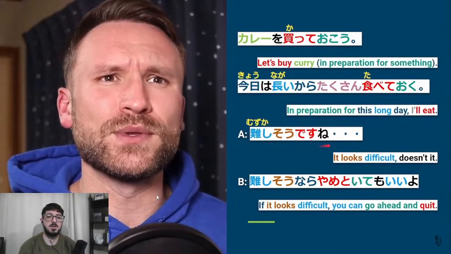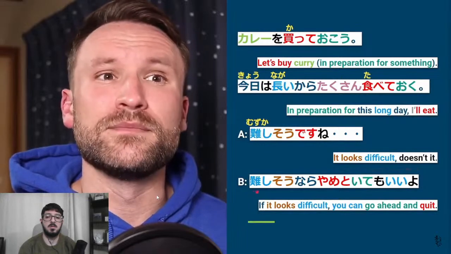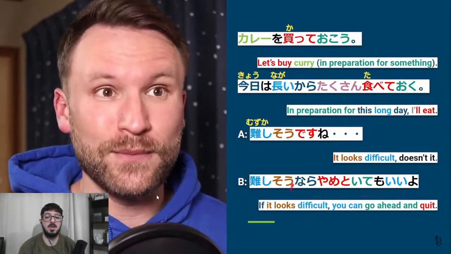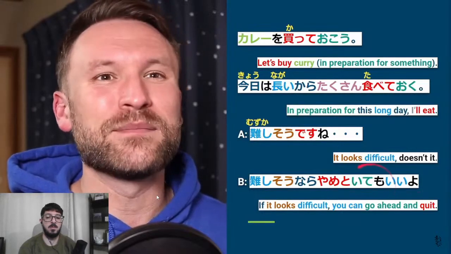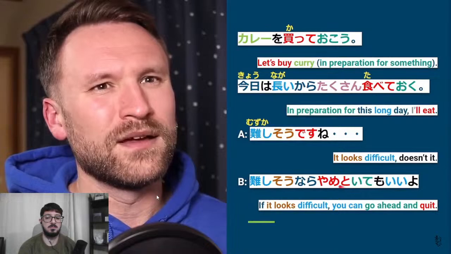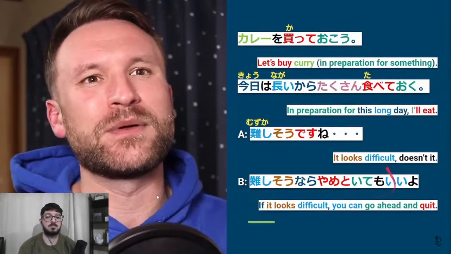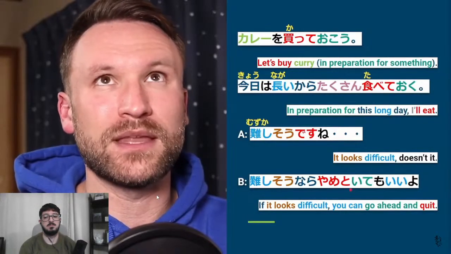難しそうですね. It looks difficult, doesn't it? 難しそうならやめといてもいいよ. Probably should have dropped the も with toku. This very casual form, it probably would be more common to just say 難しそうならやめといていいよ. やめといてもいいよ.